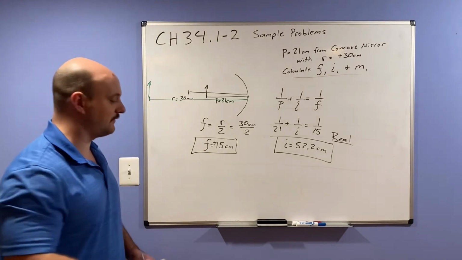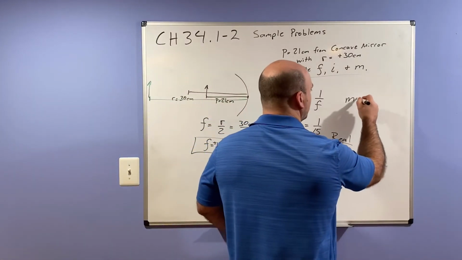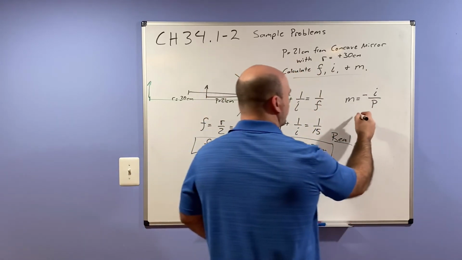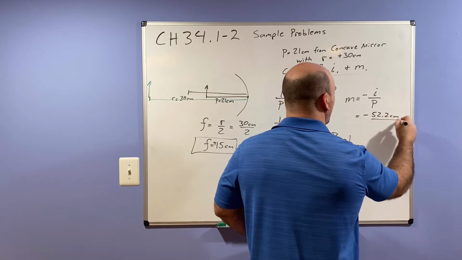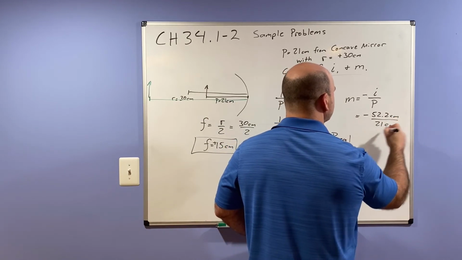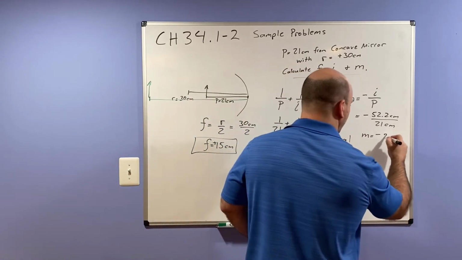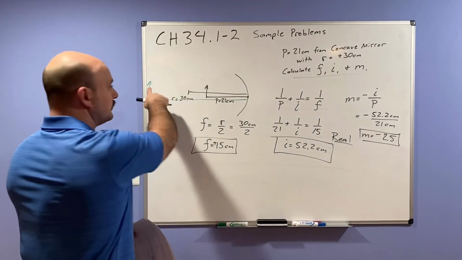Now, what's its magnification? Well, remember, magnification is negative I over P. So we would write that as negative 52.2 centimeters over 21 centimeters, and we get a magnification of negative 2.5. So actually, I drew this incorrectly.